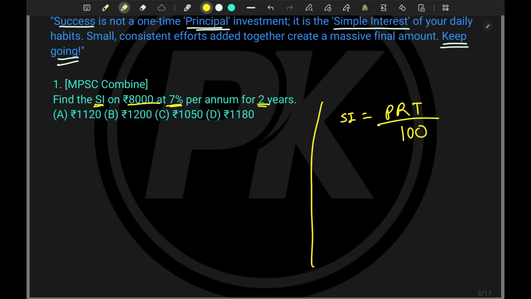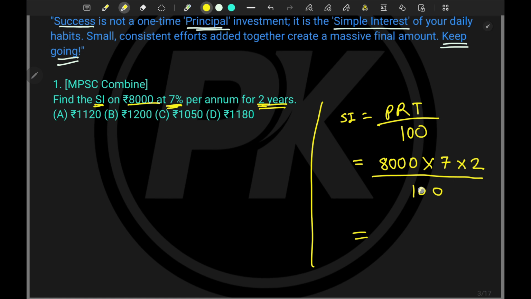So simple interest we have to calculate. What is the principal amount? Find the SI on 8,000 rupees, so the principal amount is 8,000. Then R is the rate of interest, ROI, we have seen, right? The rate of interest is how much? 7%. Then for how many years? For 2 years, so T is 2, divided by 100.